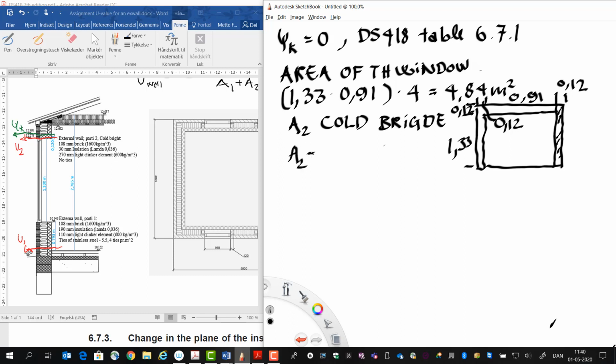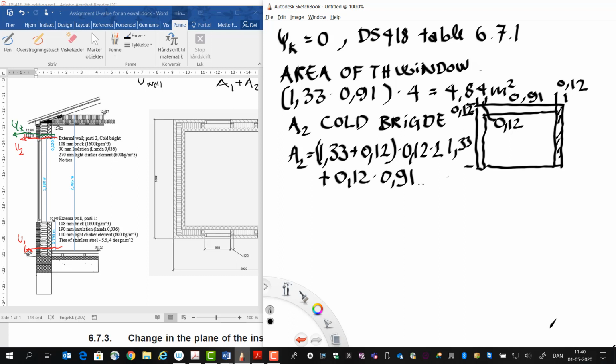So first I'll calculate the side of the window and then the top of the core bridge. So A2, that would be 1.33 plus 0.12 times the width of it, which is 0.12 also, and then I have 2 of these on each side, plus then the top part of the core bridge, which was the height of it, 0.12, times the length of it, which was 0.91.